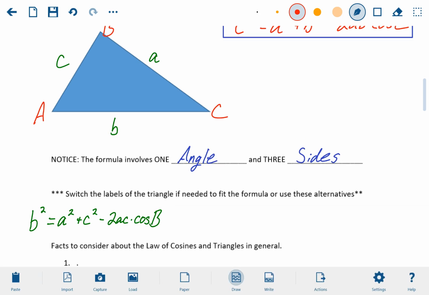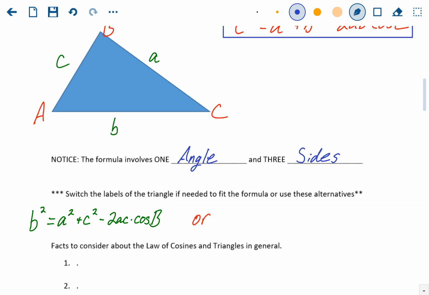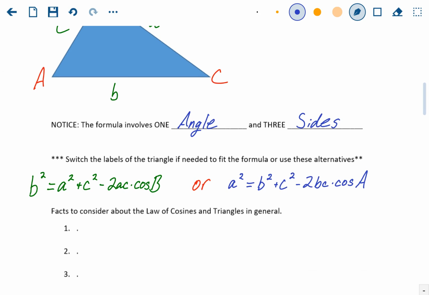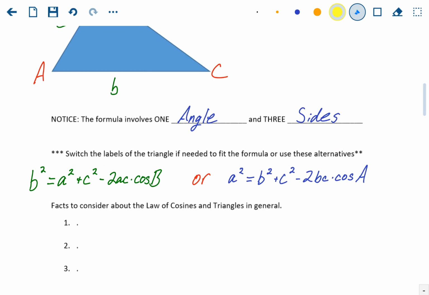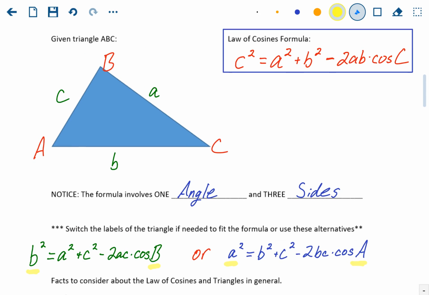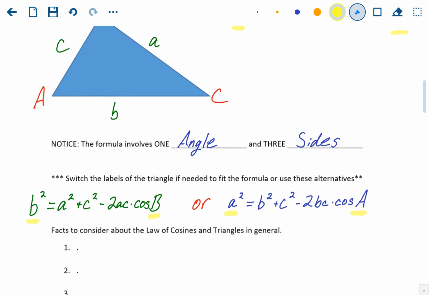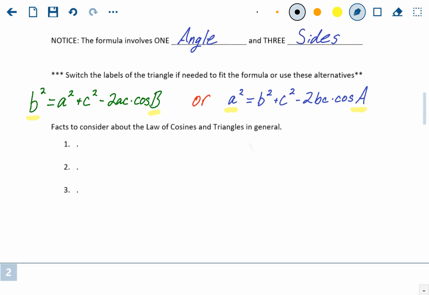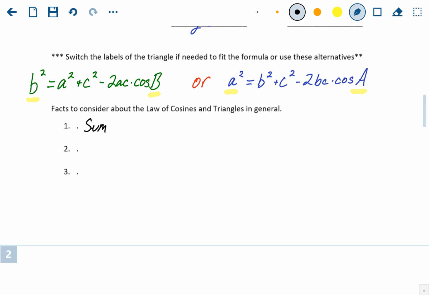You could have B squared equals A squared plus C squared minus 2AC times cosine of B. Or you could have the A squared version, A squared equals B squared plus C squared minus 2BC times cosine of A. Again, it doesn't matter because you just label a triangle however you want, or however it's already labeled. Okay, so those are the same three formulas, just finding different bits of information. The key thing to notice is the bookend. You start with a B, you end with a B. You start with an A, you end with an A. You start with a C, you end with a C.